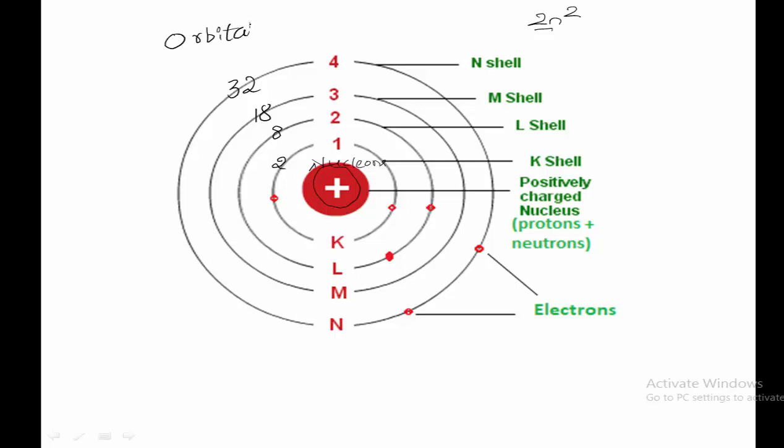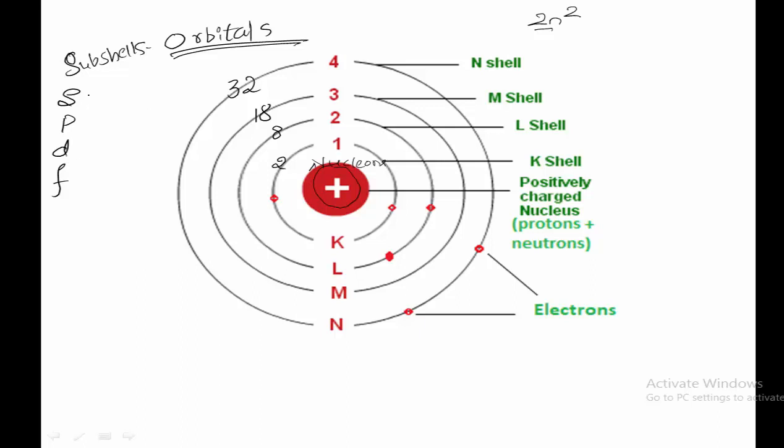So the regions where you have maximum probability of finding electrons are said to be orbitals, and these orbitals are also said to be subshells. Orbitals or subshells. So here these subshells are of different types. They are S, P, D and F.